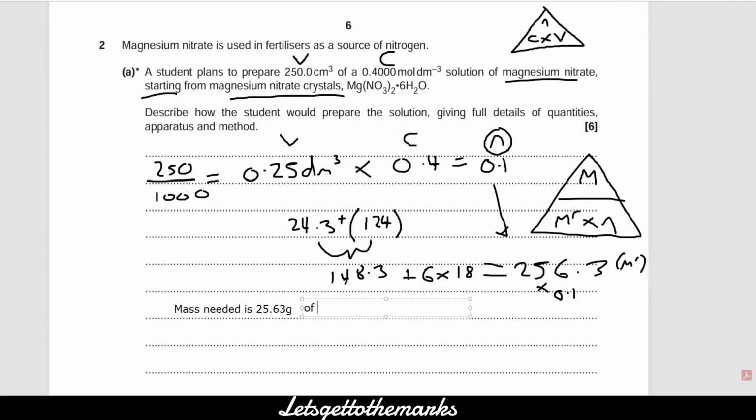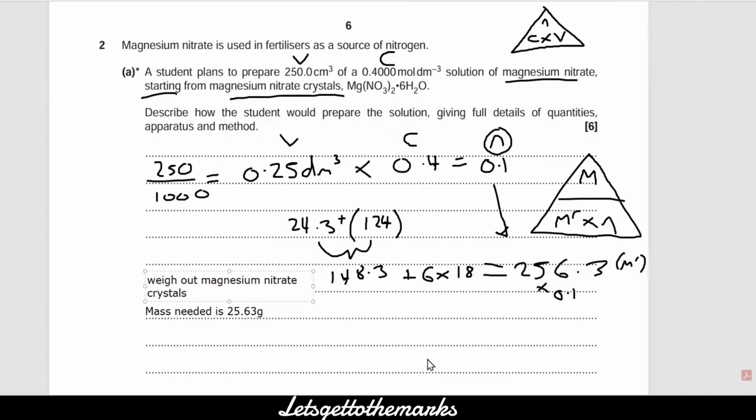And I now need to write out the method. Let's start the method here. We're going to weigh out, what are we weighing out? We're weighing out magnesium nitrate crystals.